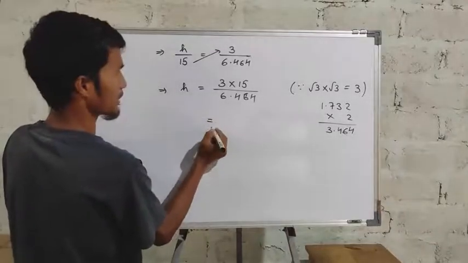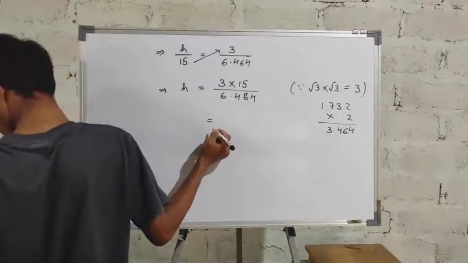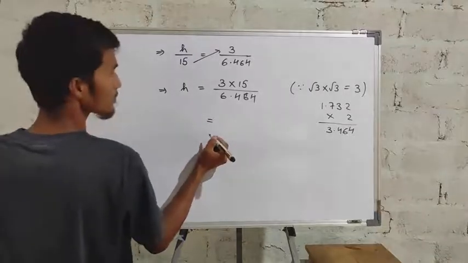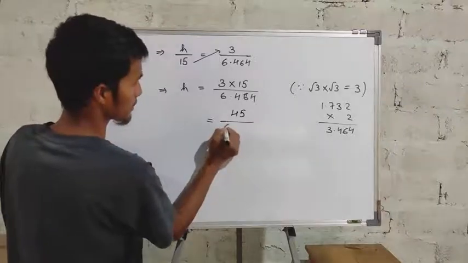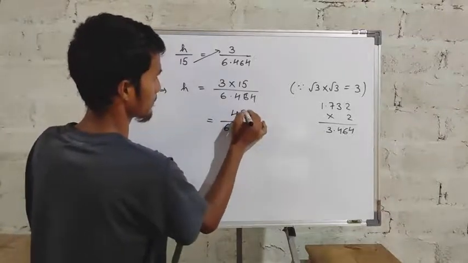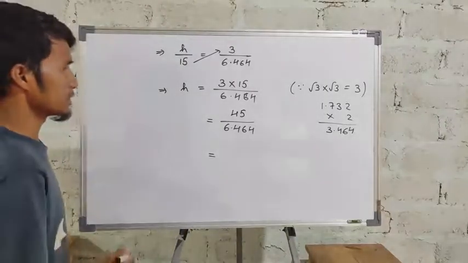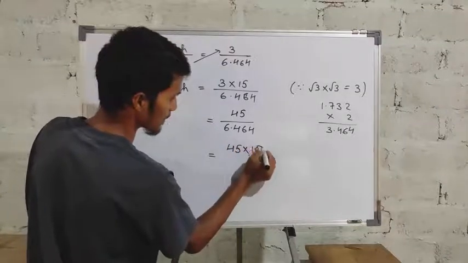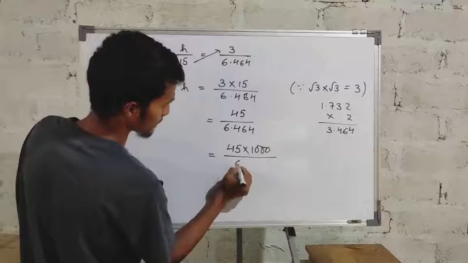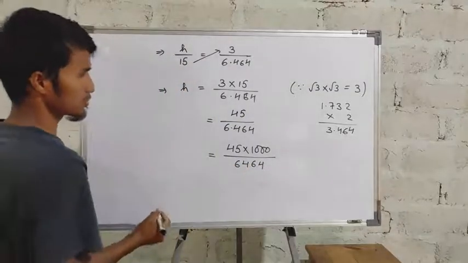Okay, whatever, we have to solve it. 3 into 15, 45, divided by 6.46. Do division here. 45, remove this point, you will come here 1000, then 6464, and do that. Oh, big problem.